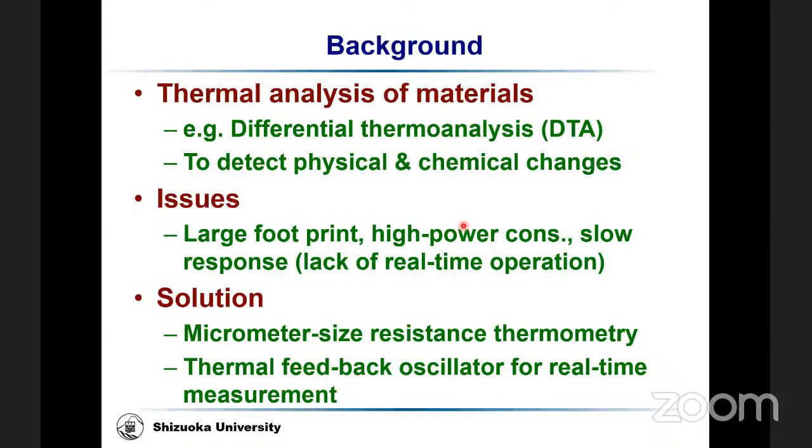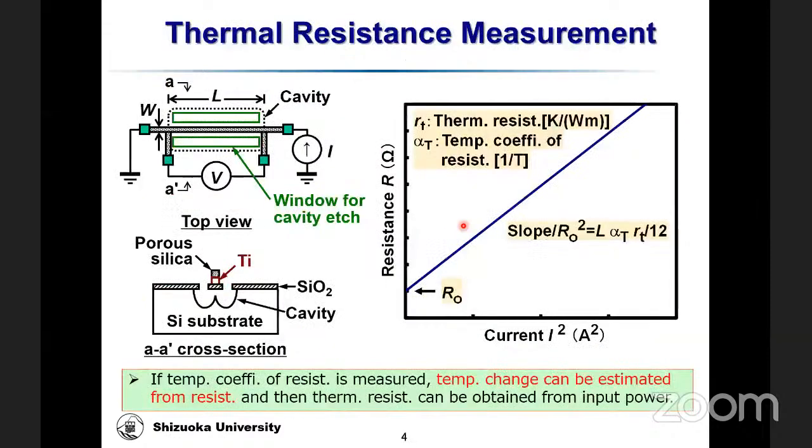First, I would like to explain the operation principle of the resistance thermometry. And this slide shows the structure of the devices used in the resistance thermometry. Here, there is a suspended wire made of metal, and it has 4 terminals, current terminals and voltage terminals.